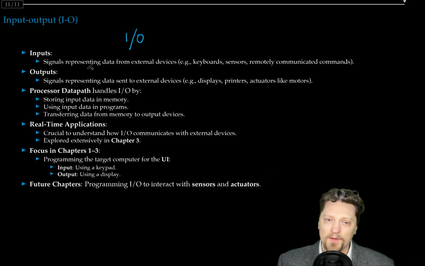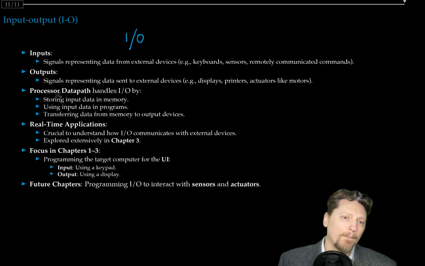Outputs are signals representing data sent to external devices. For example, a display for a user, printers, we're all familiar, actuators like motors. So that's something that we'll do in real-time computing, is output to an actuator.